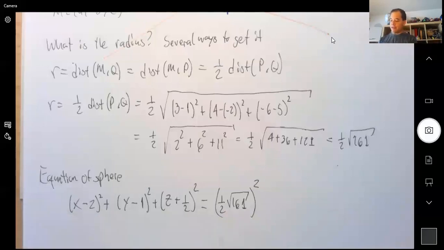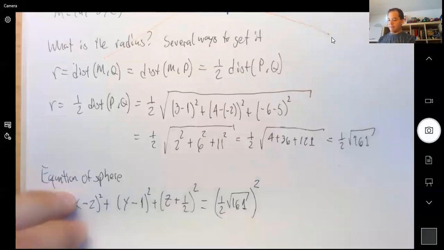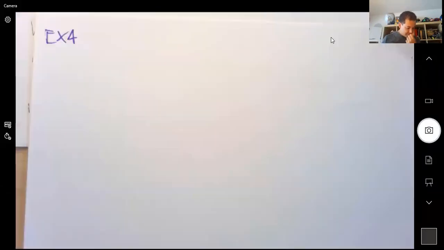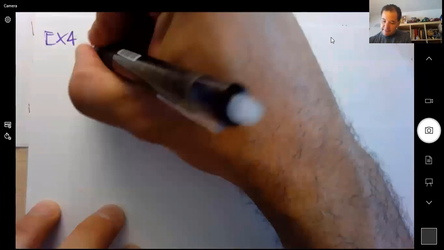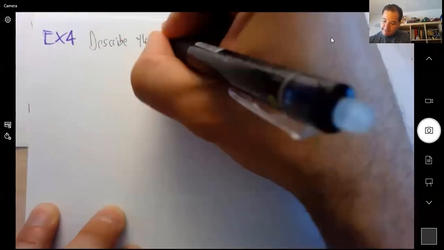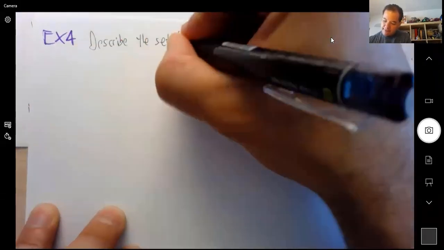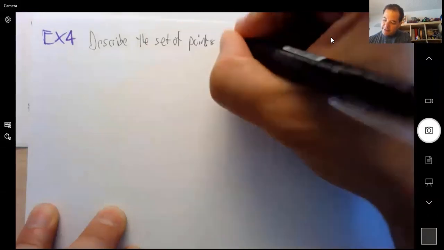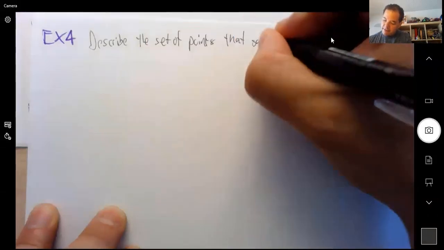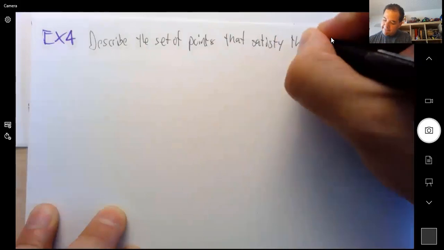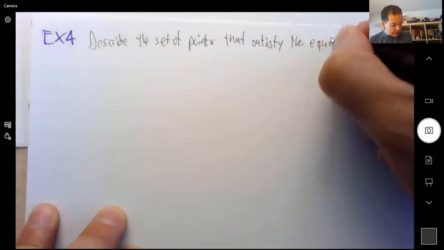So easy if you have it in this form, but not so easy if it's expanded. And that's what the next example is about. The question is, describe the set of points that satisfy the equation, and here it comes.